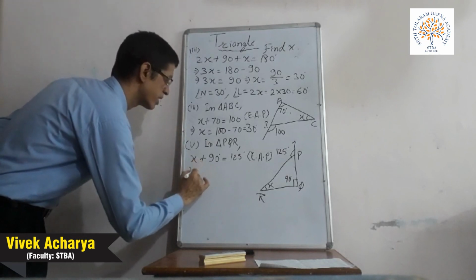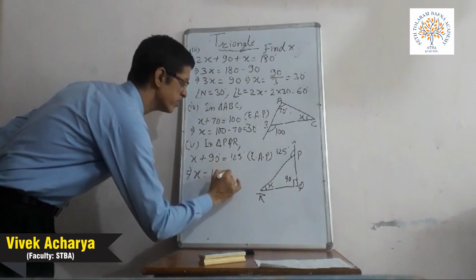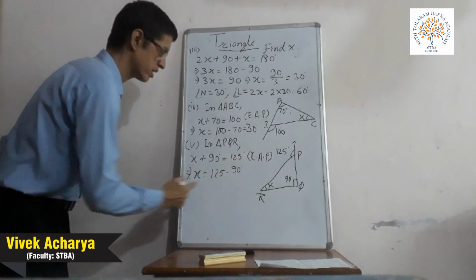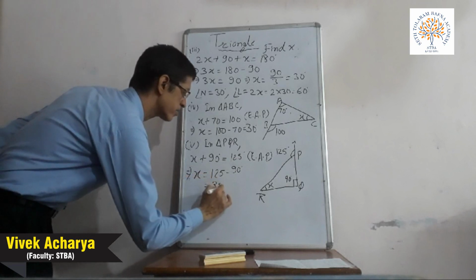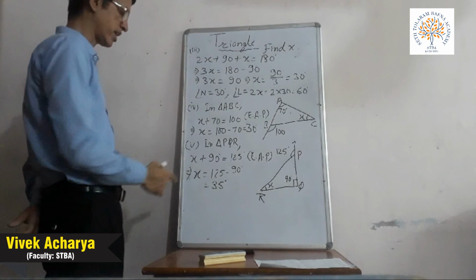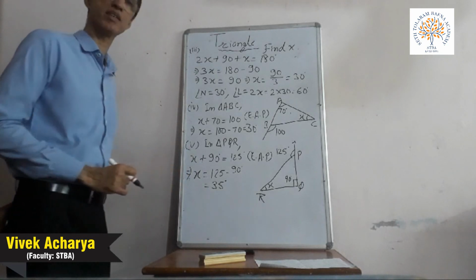By transfer, X equals 125 minus 90 degrees, and subtracting this we get 35 degrees. So the value of X we get here, X equals 35 degrees.